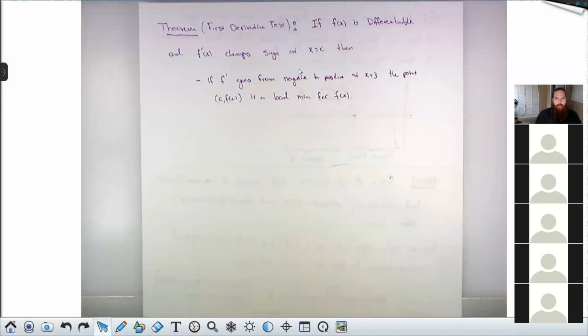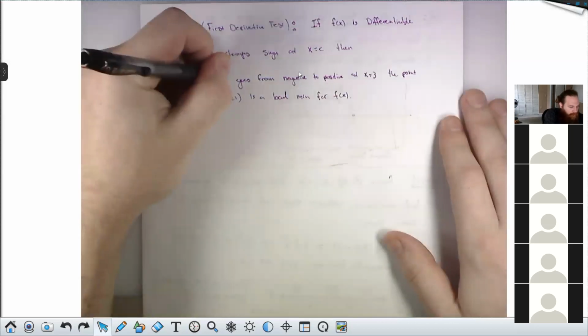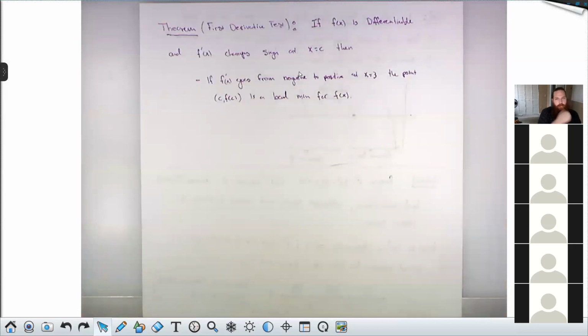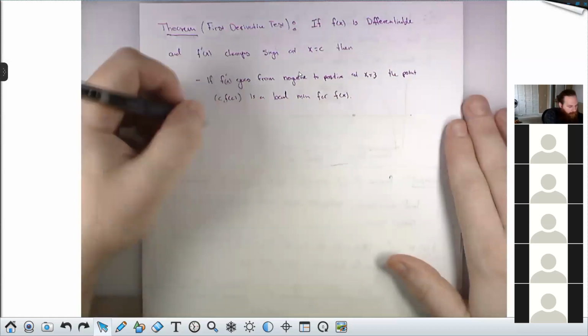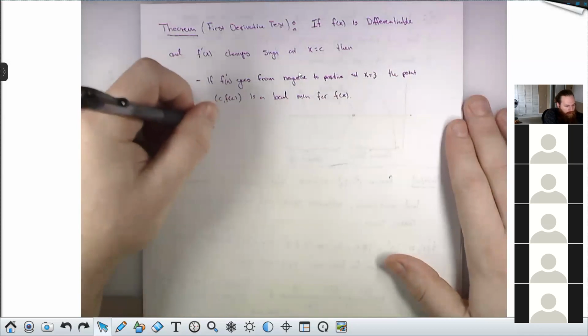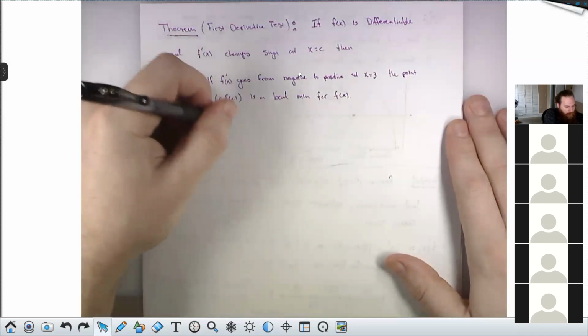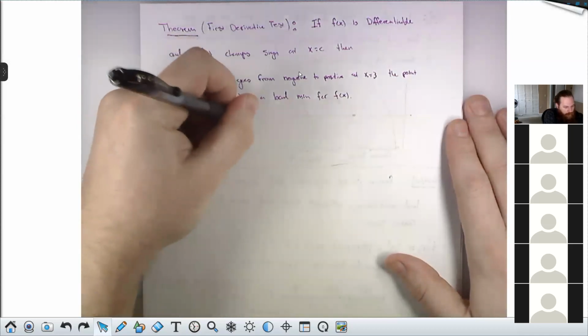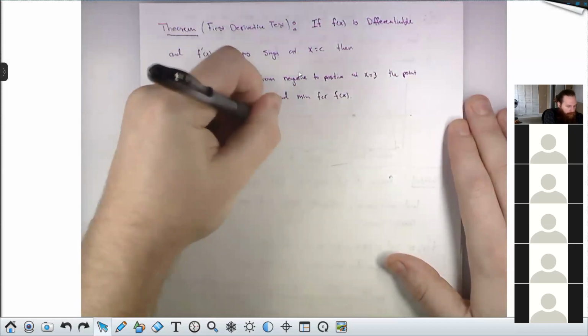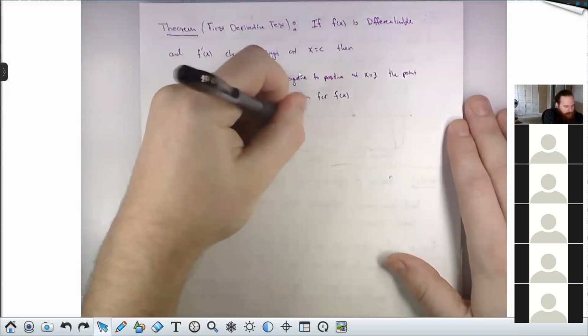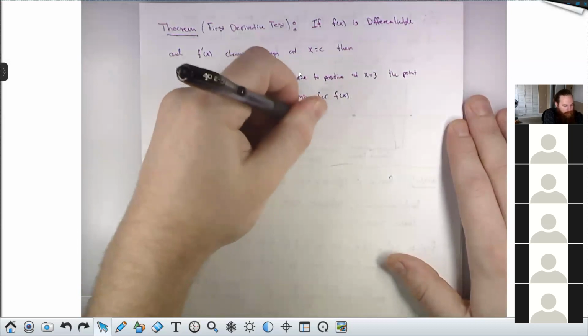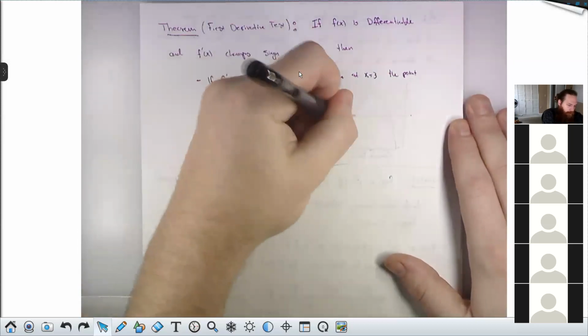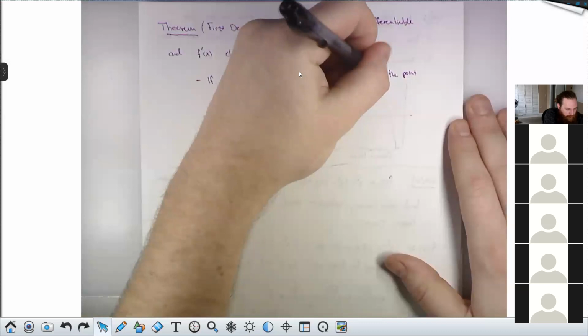Because f prime went from negative to positive. That means f went from decreasing to increasing. And also, if f prime goes from positive to negative, oh, I wrote 3, sorry, this should be x equals c.